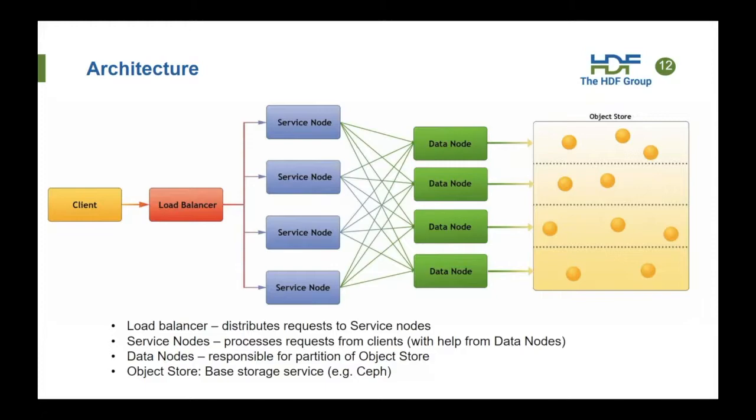In parallel, it sends a request to each of these data nodes to do their read or write. This means each data node can be reading and writing to the object storage system simultaneously, getting the data, uncompressing and segmenting the data, and so on. Once all those requests are complete, the service node assembles a response and returns it back to the client.